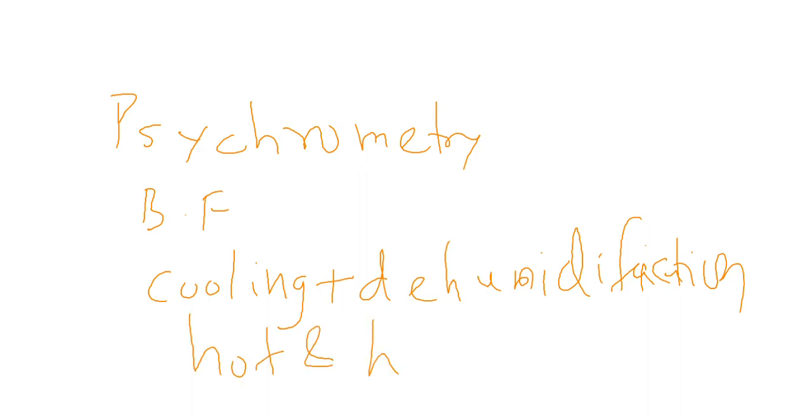So we will take one example where some imaginary place has a hot and humid climate, and let us say that this is 37 degrees centigrade dry bulb and 19 degrees centigrade wet bulb. This hot and humid air is what we are interested in conditioning.